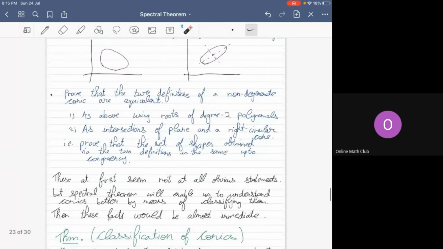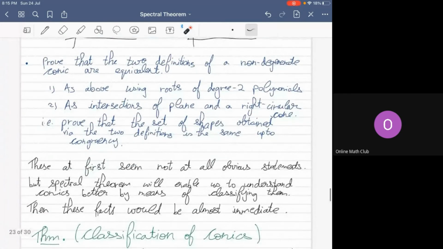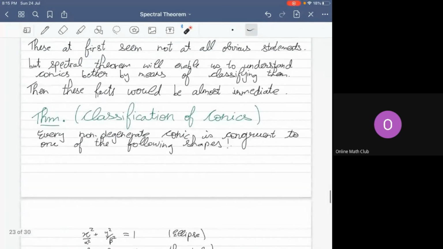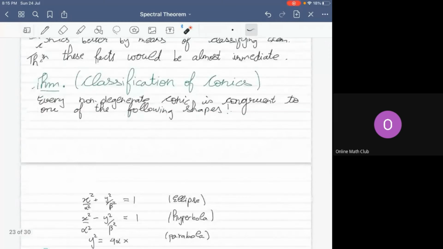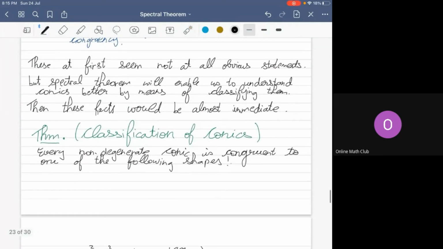And in general, why do intersections of cones with planes, this set of curves, form exactly the same set as solving a degree 2 equation? We would try to answer this by trying to understand conics by classifying them.